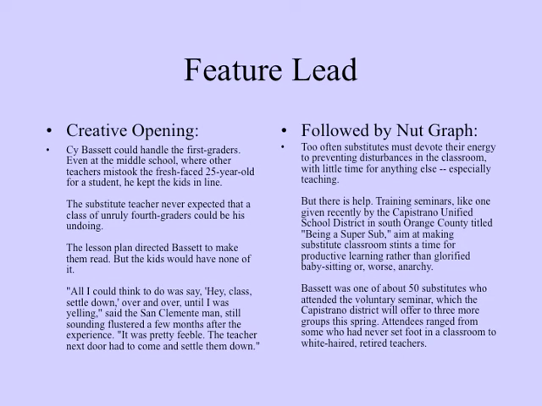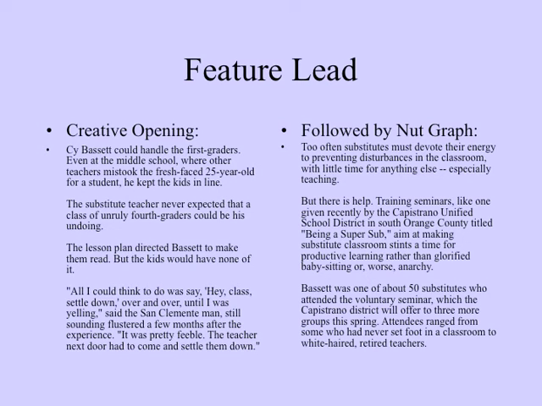A feature lead here, we have the first 4 graphs of a story on the left, which is more of an anecdote. It doesn't tell you yet what the story is about. You just hear about one teacher's experience in a classroom, a substitute teacher's experience, and it kind of sets the story up nicely.